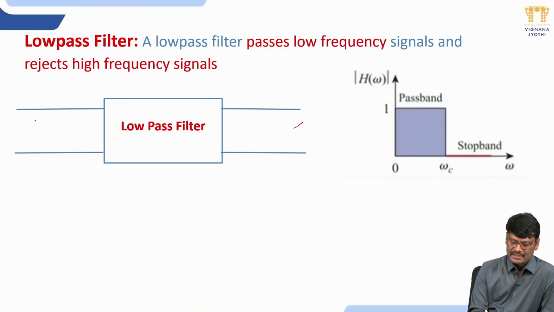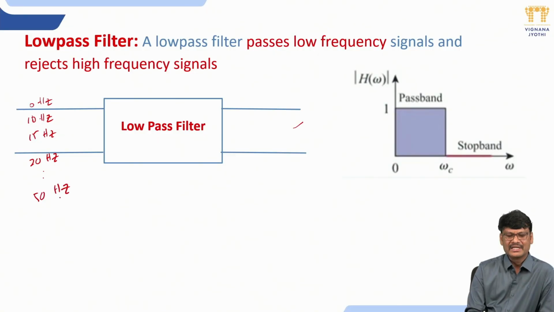Now, a 0 hertz signal is available on the input side. 10 hertz, 15 hertz and 20 hertz signals are available, and like that 50 hertz and 60 hertz signals are also available.